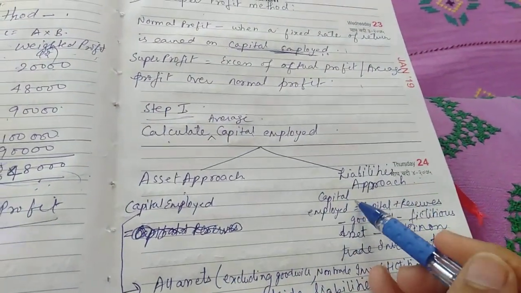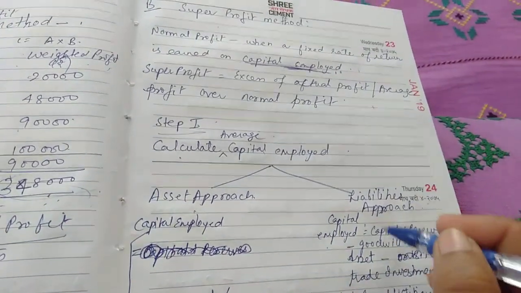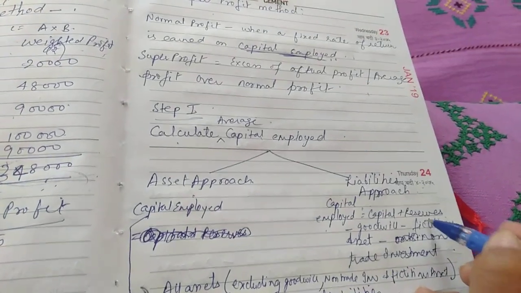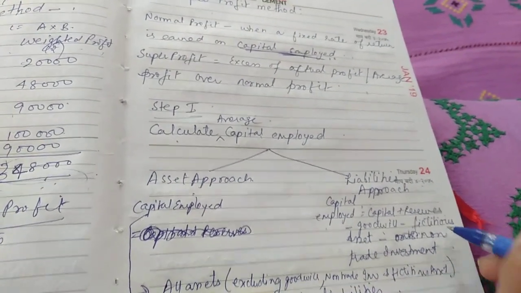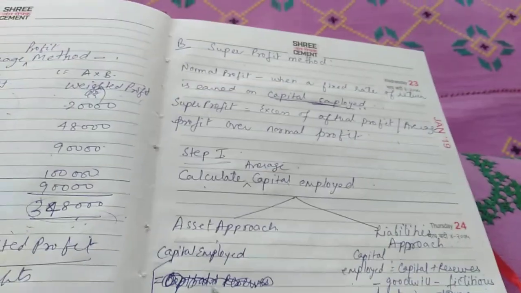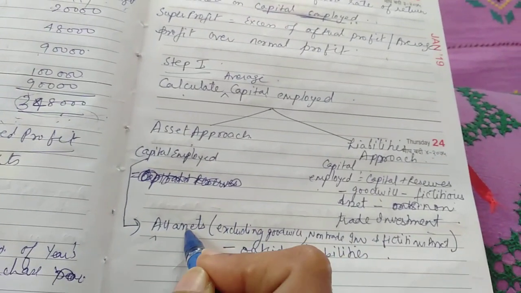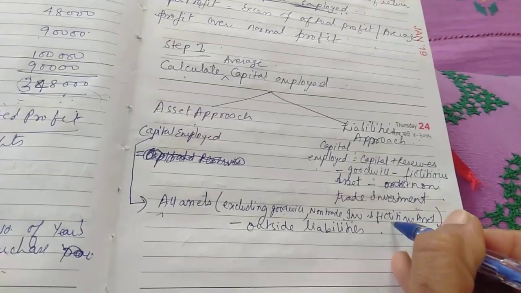Now, in the liability approach, from the liability side you will see capital and reserves, add them up, and deduct from it goodwill, fictitious assets and non-trade investments. Same from the asset side, all assets you have to see without goodwill, non-trade investments and fictitious assets.